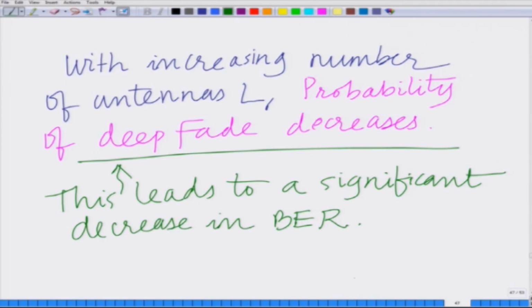So, what we are seeing is that the reason for this significant decrease in the bit error rate with increasing diversity, or with increasing number of receive antennas, can be attributed to the decreasing probability of the deep fade event.